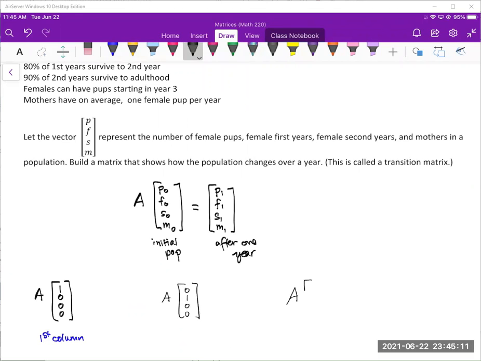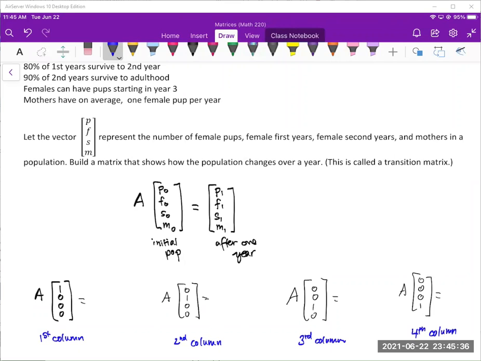A times 0, 0, 1, 0, our third column, and A times 0, 0, 0, 1, our fourth column. So our goal is going to be to calculate these columns based off of the information that we're given.